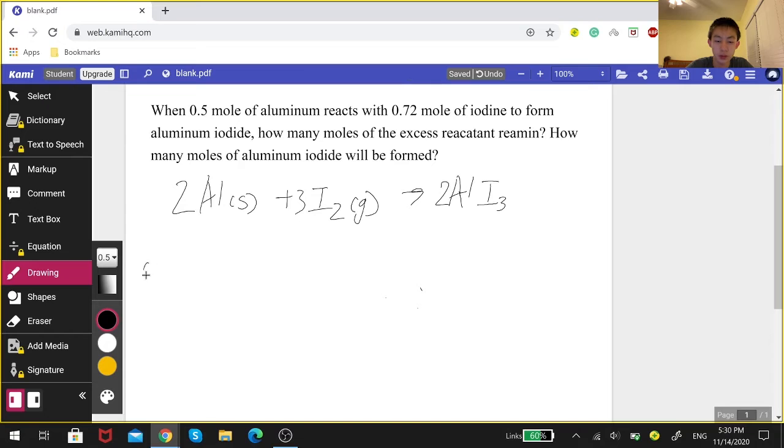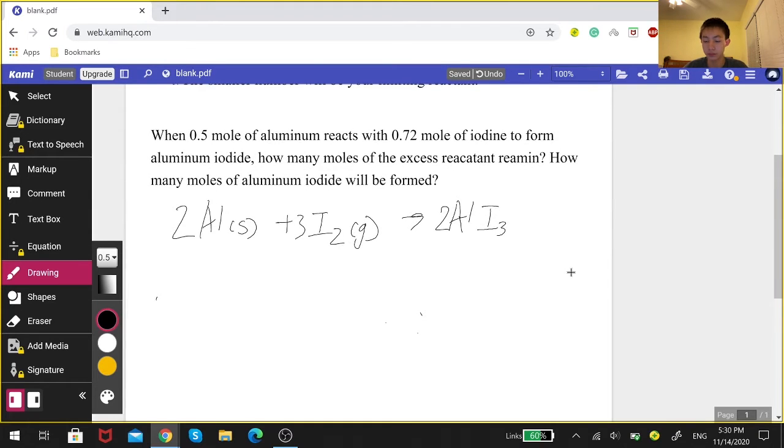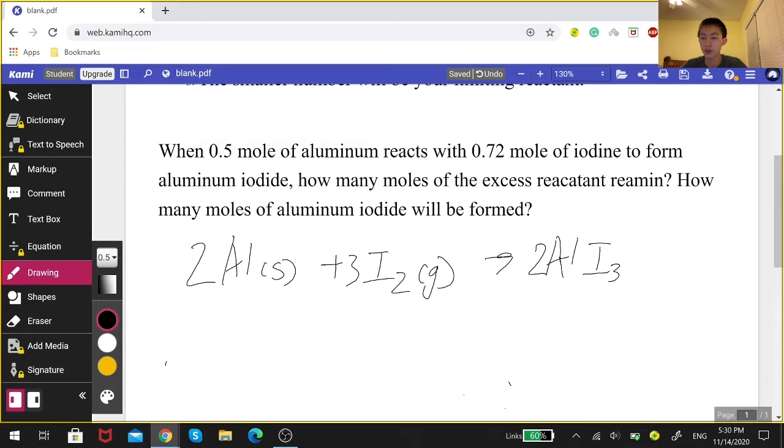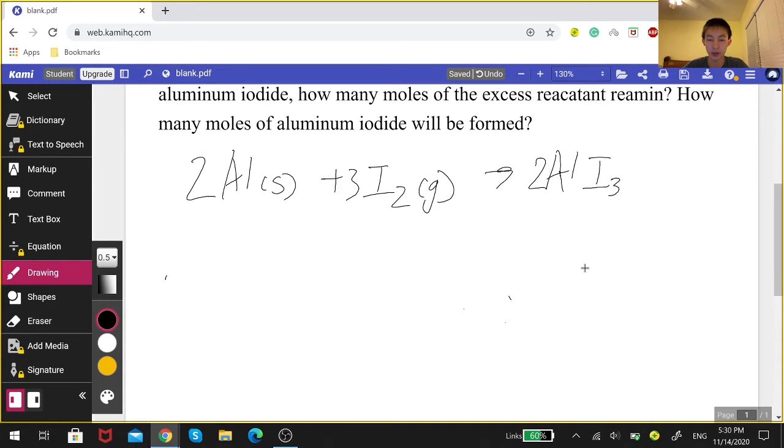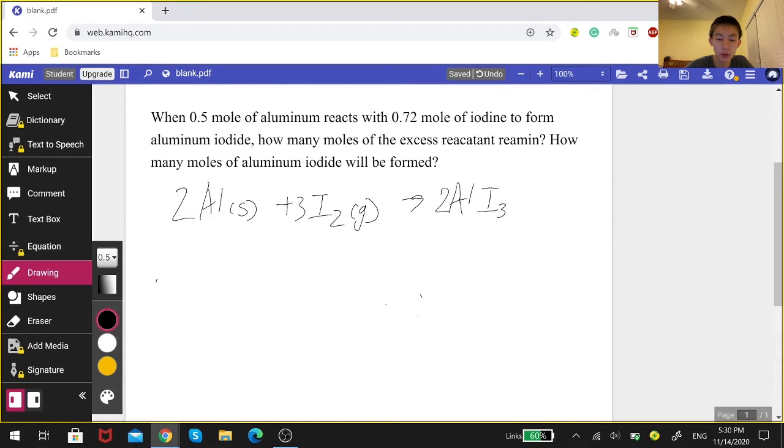After everything is balanced, we can write it down. We have 0.5 moles of Al, but there's 2 moles of Al in this balanced reaction, so we have to divide this by 2.